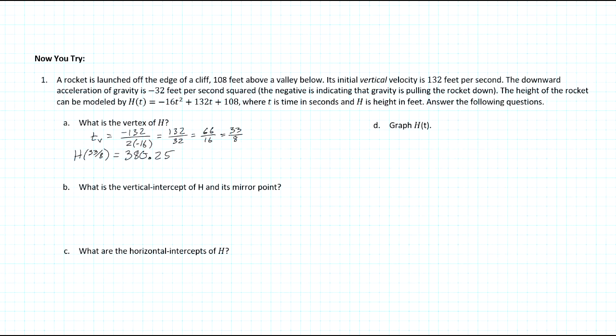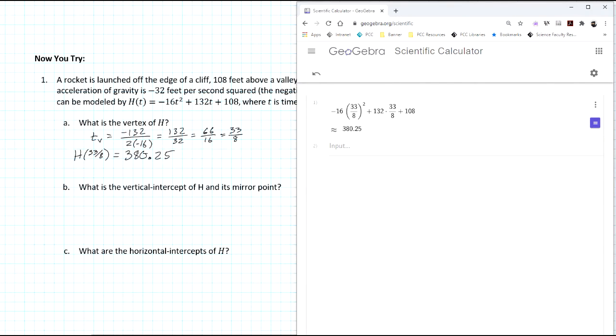So for our vertex, the 33 over 8, let's just see what that is also. 4.125.